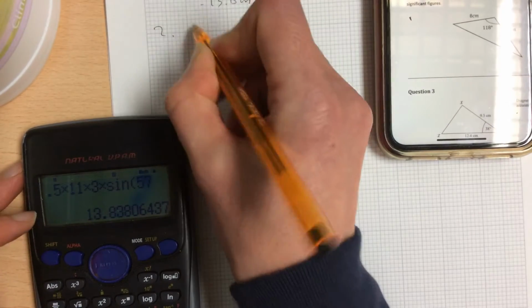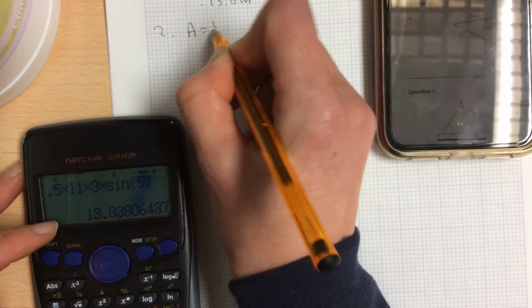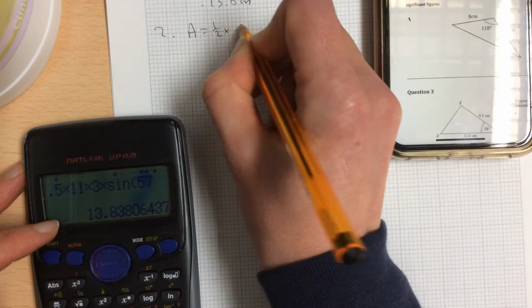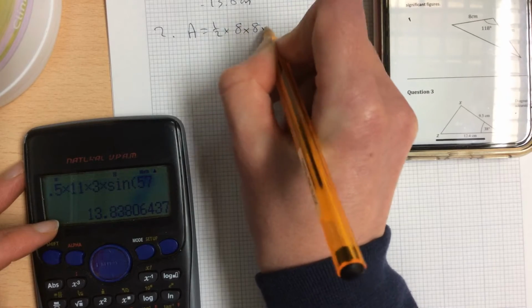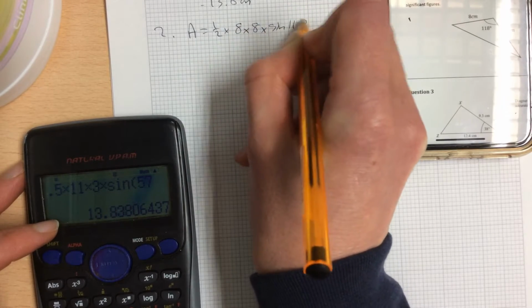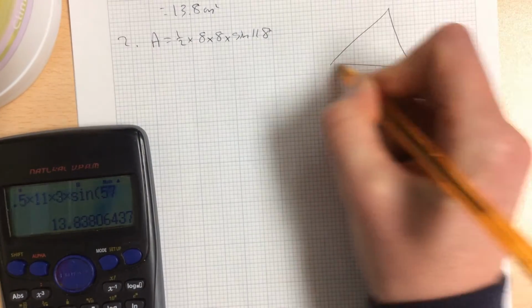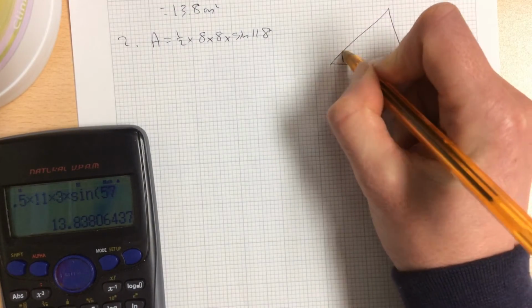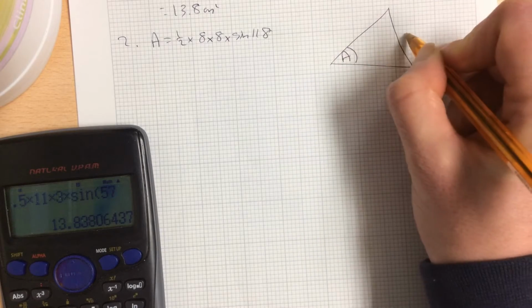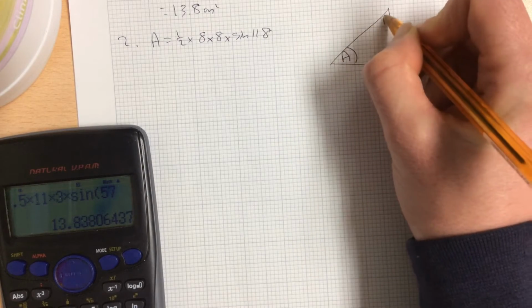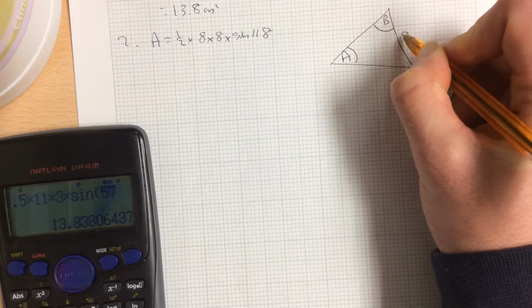Wasn't too bad. Number 2, exactly the same. It's a half of the two sides times sine the angle between them. Do you know what I'll actually do at this stage? In case you're wondering, where on earth does the ABC come from? Do you remember A was an angle and that was a small angle? Or a small side. Sorry, a side with a small letter.